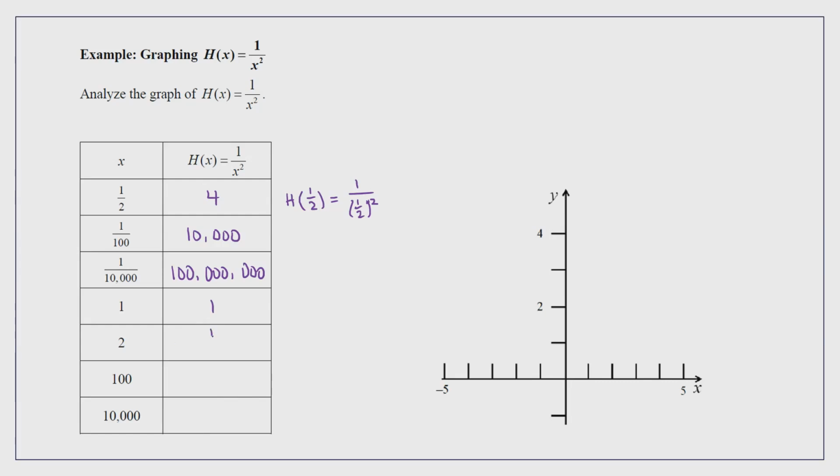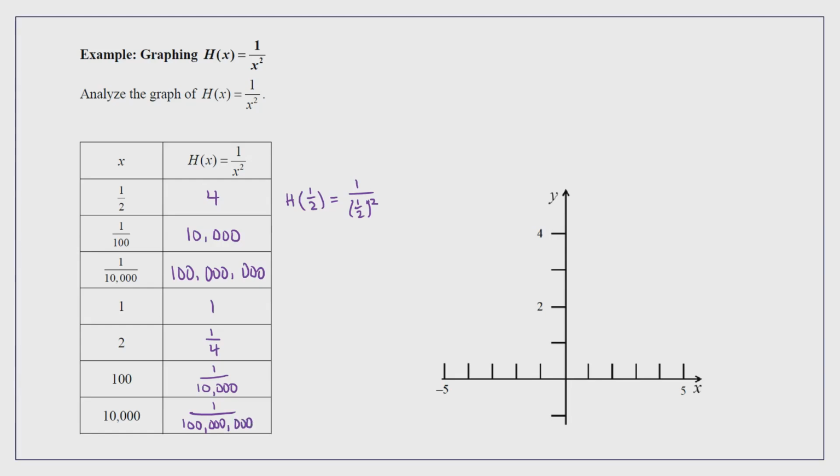Substitute in 2, we'll get 1/4. Substitute in 100, we'll get 1 over 10,000. We substitute in 10,000, we'll get 1 over 100 million.